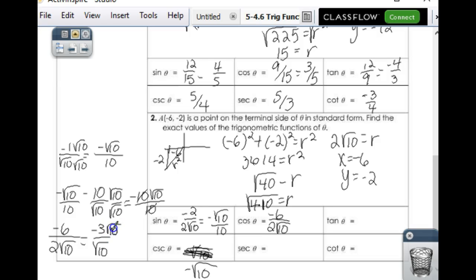So if I do this, which one do I want to flip? I want to flip the one just before I rationalize it. So if I do that, the square root of 10 goes to the top.